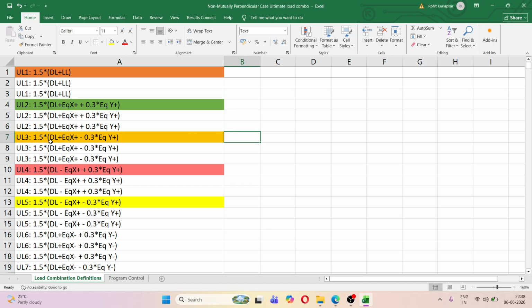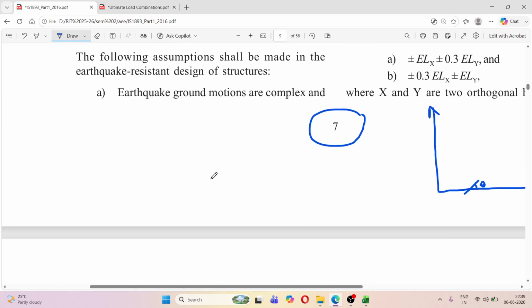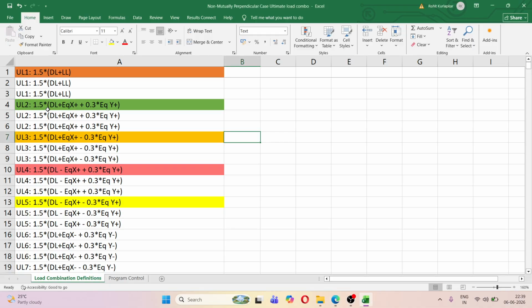Then the next case will be dead load plus earthquake x positive minus 0.3 earthquake y positive, because if you see the code here, it says plus or minus earthquake in x direction plus or minus 0.3 earthquake in y direction. That means we have to consider both the signs. So here we have considered earthquake x positive 100% and plus or minus 0.3 earthquake y positive.